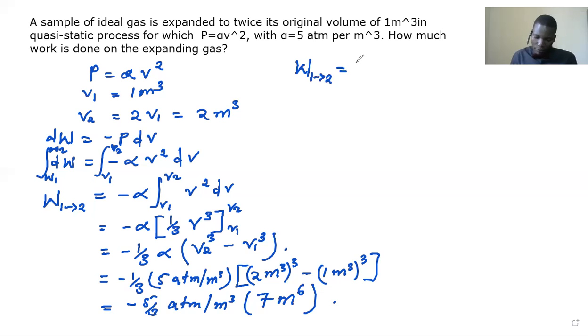So once we punch this, we get 11.667, and the units here are going to be atmosphere.